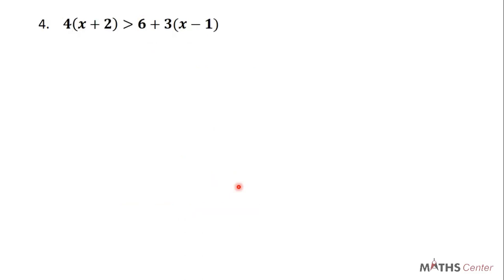In the next one, the question is 4 into bracket x plus 2 is greater than 6 plus 3 into bracket x minus 1. So once again, you open the brackets. So in opening the brackets, we are going to have 4 times x, which will give us 4x. 4 times 2, which will give us 8.